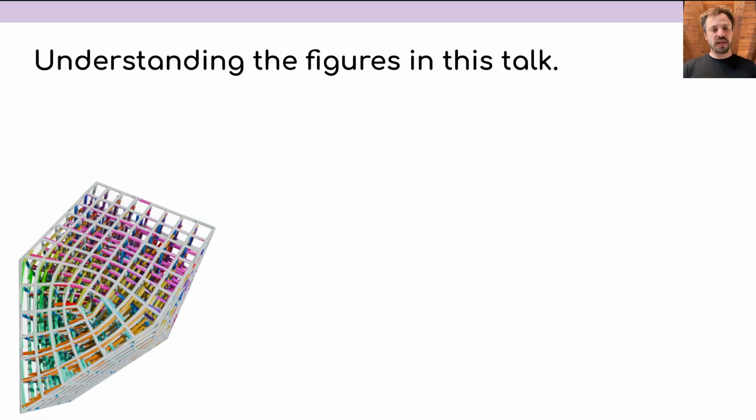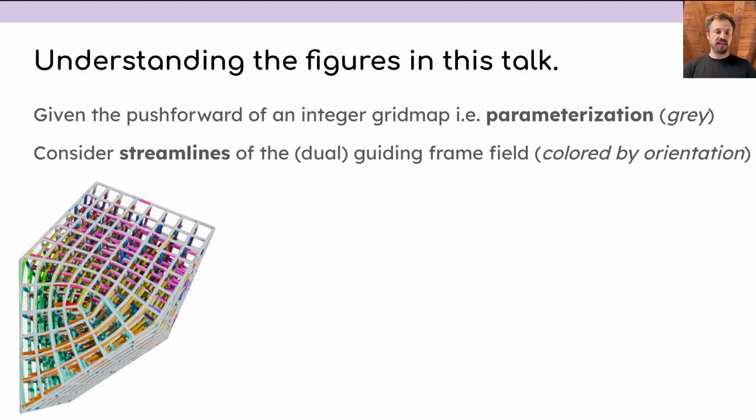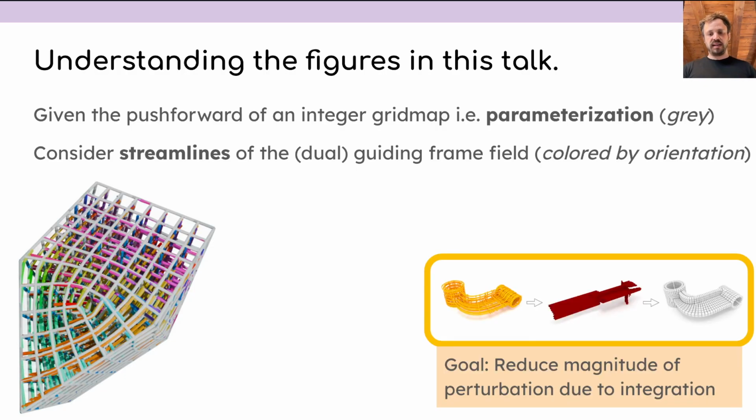We draw the resulting parameterization, the output of the full parameterization pipeline, in gray, and the colorful curves are samplings of the underlying field streamlines which we obtain, and the goal is to obtain fields which are integrable.